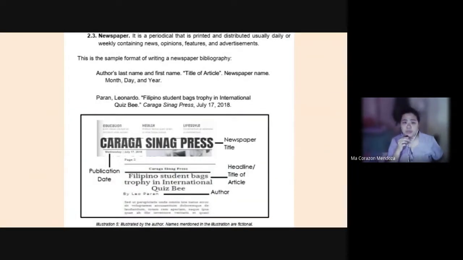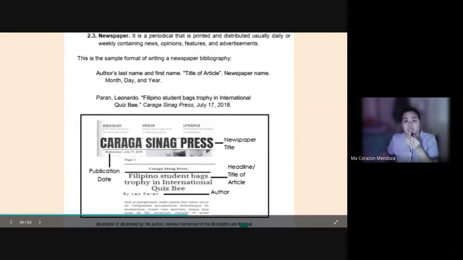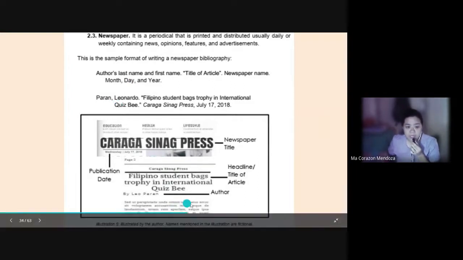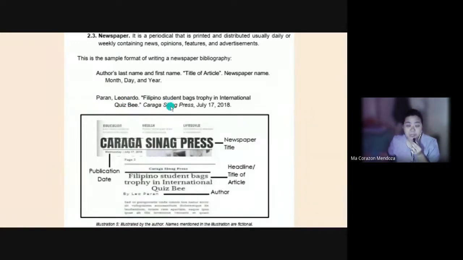Next, we have 2.3 newspaper. It is a periodical that is printed and distributed usually daily or weekly, containing news, opinions, features, and advertisements. Now, this is the sample format, author's last name, so Paran Leonardo. But sorry, in the source here in the picture, it says Leo Paran. So we'll just write Paran Leo, okay, period. Filipino student bags trophy in international quiz bee, period.